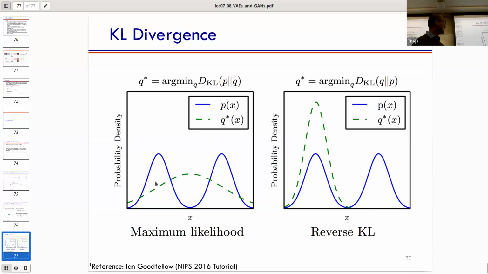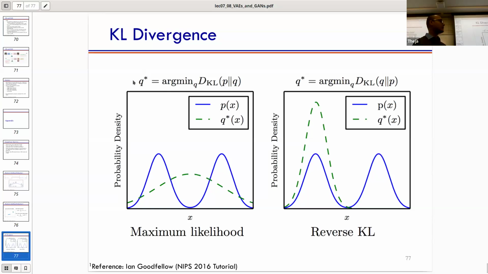Let's say there's a P of X, which is this bimodal distribution. So this D_KL(P, Q) is the distance measure between P and any arbitrary Q. And if you want to minimize this distance, you want to find the best Q, the best Q that minimizes the distance between P and Q. That's an optimization problem.